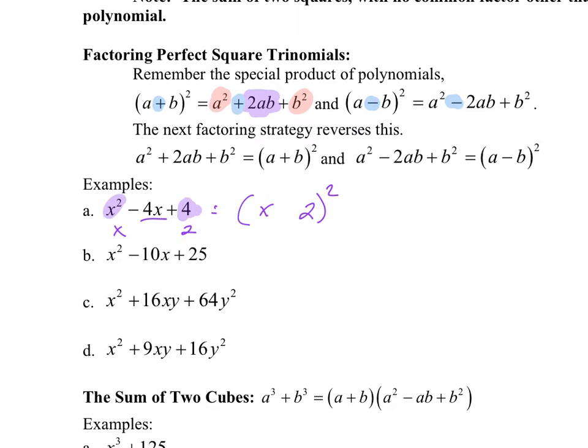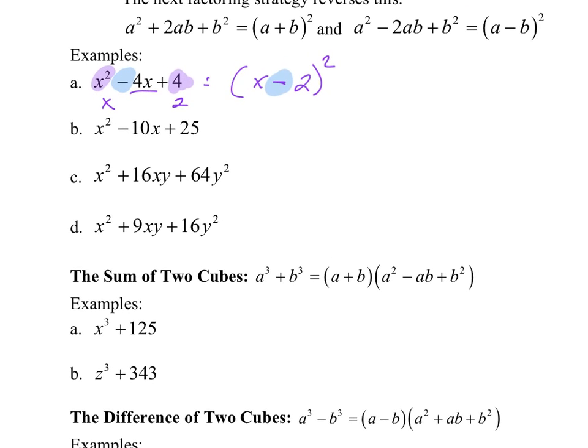Remember that whatever this symbol is, that's the symbol I'm going to put right there. So this is a minus, so I'm going to make it a minus. So my factoring pattern would give me x minus 2 squared.